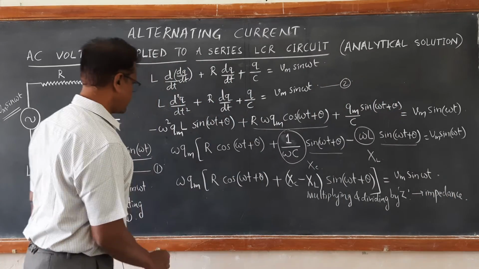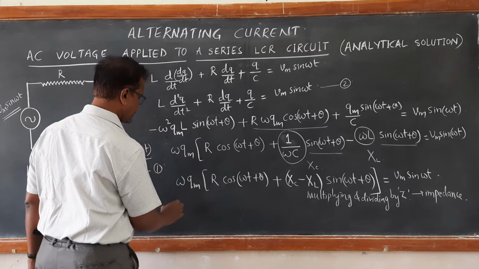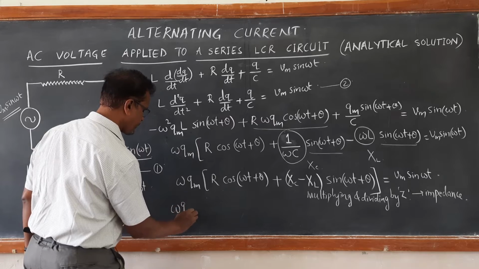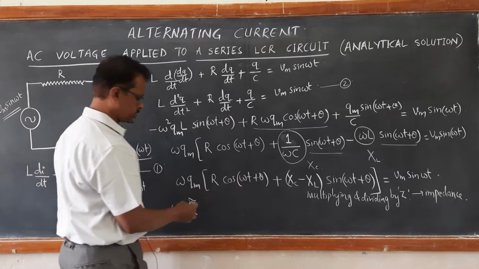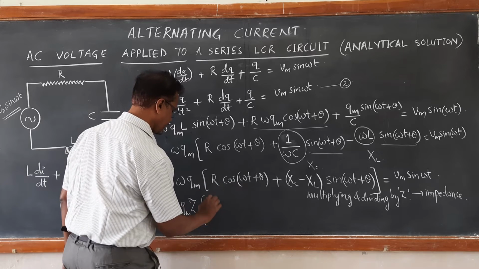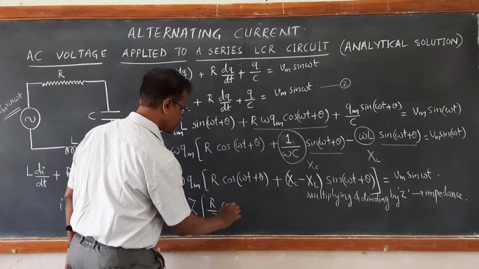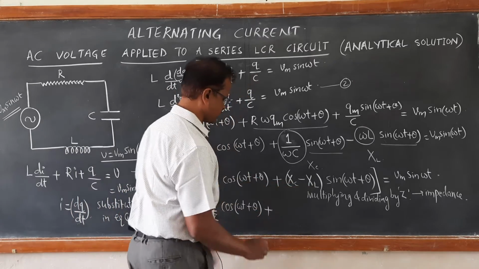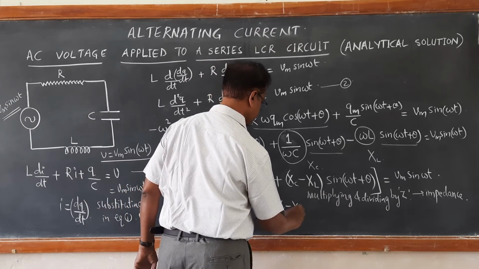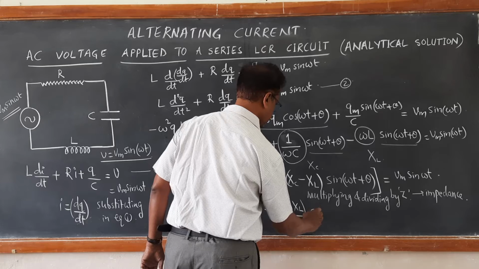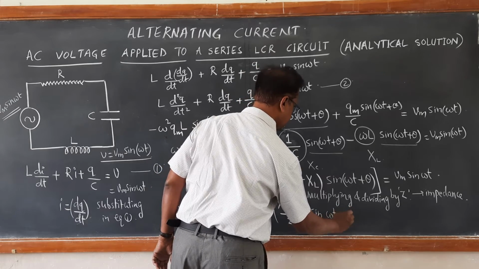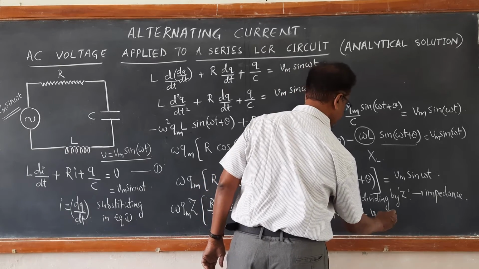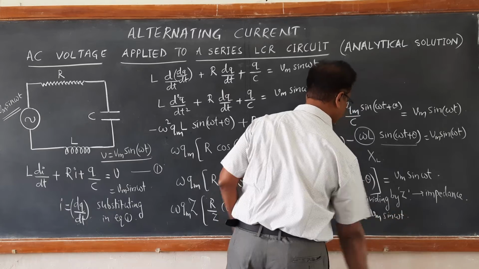So the equation becomes omega qm Z, the product taken out, and you are left with R by Z cos(omega t plus theta) plus (XC minus XL) by Z into sin(omega t plus theta), is equal to Vm sin omega t.